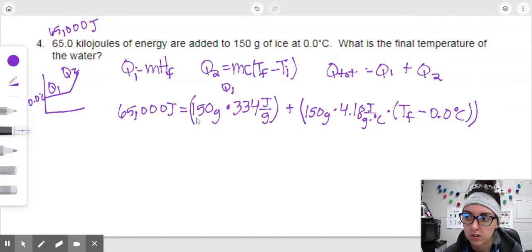So we need to do 150 grams times 334. We are also going to do our sig figs within each set of these parentheses here, because it's kind of like we're doing 2 separate equations. We just combine them together into one, but technically they really are 2 separate math operations. So when I do 150 times 334, I'm going to go ahead and round that to 50,000 joules.